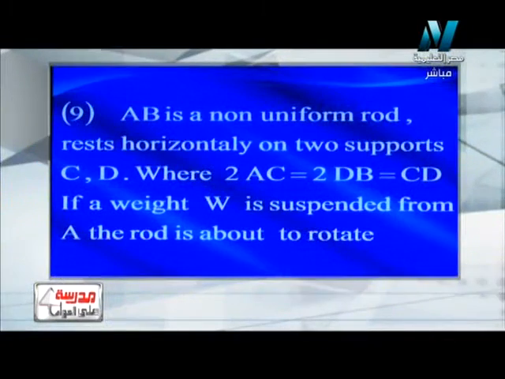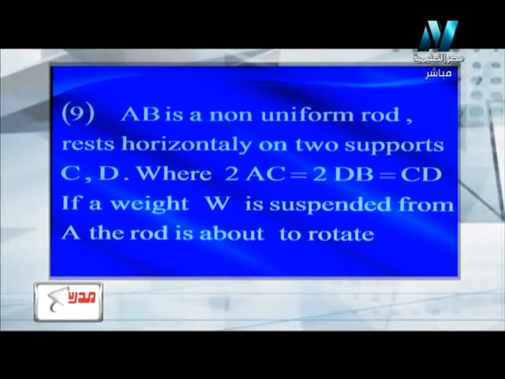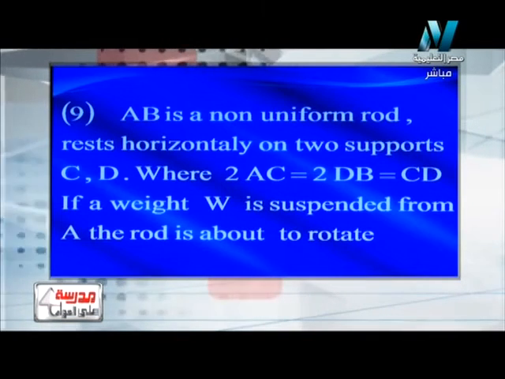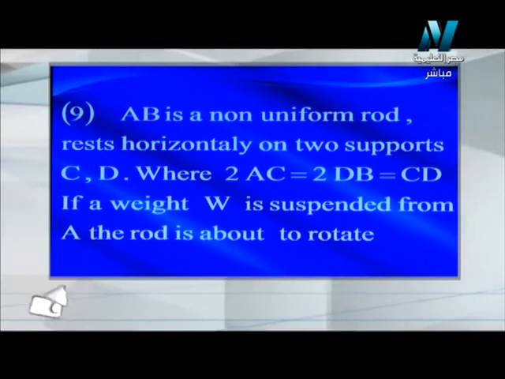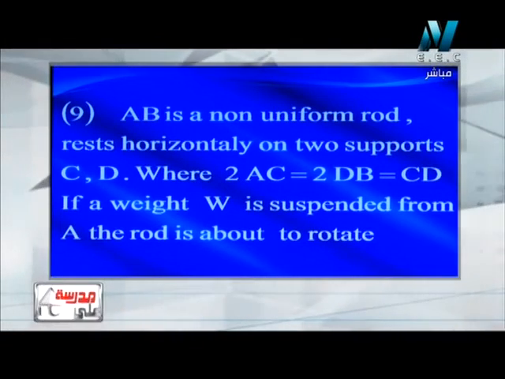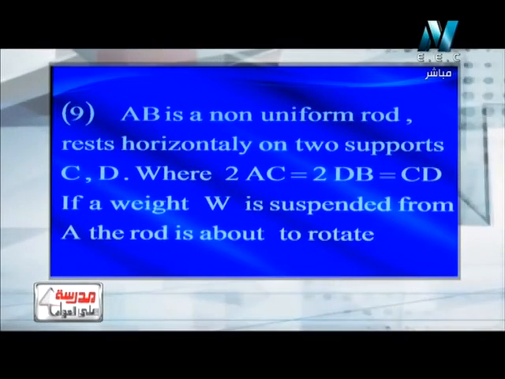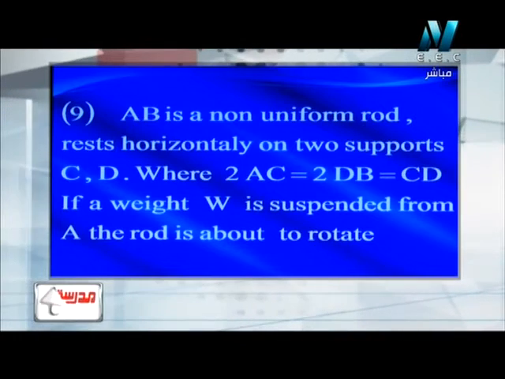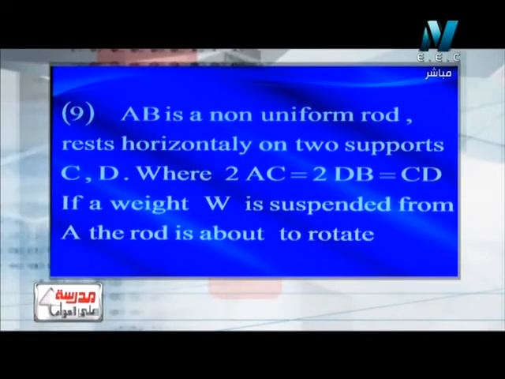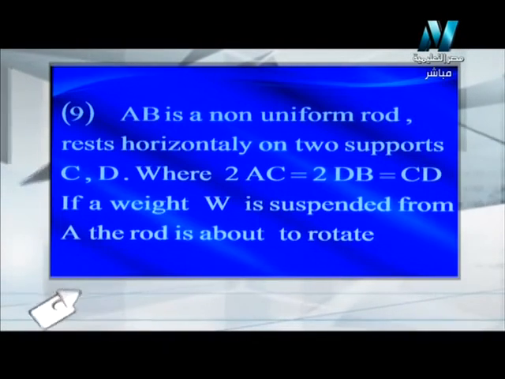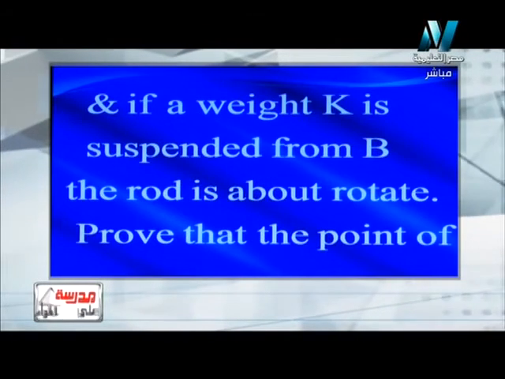We can have this one first, which says AB is a non-uniform rod. It rests horizontally on two supports C and D, where 2AC equals 2DB equals CD. If a weight W is suspended from A, the rod is about to rotate.